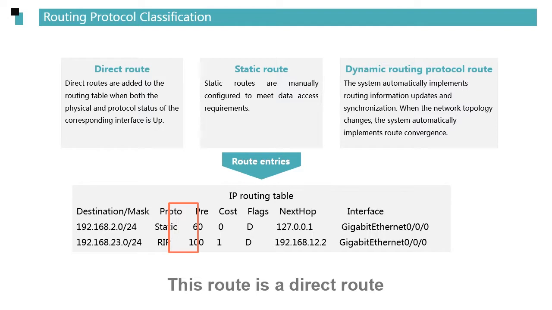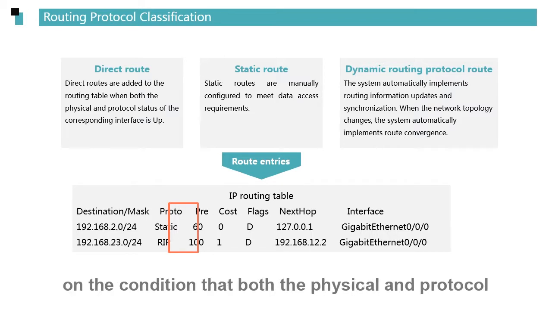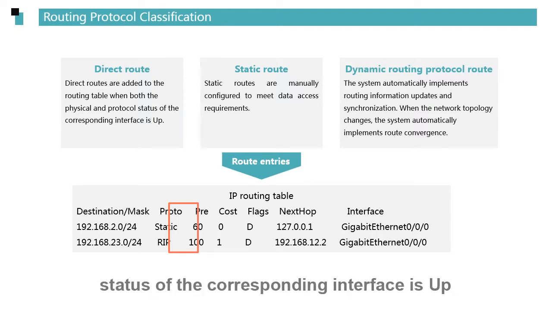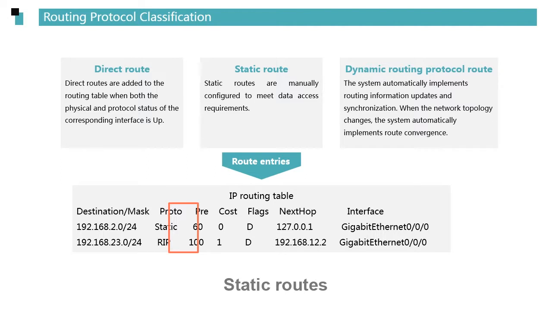This route is a direct route. Direct routes are like doorways. They can be added to the routing table on the condition that both the physical and protocol status of the corresponding interface is Up.